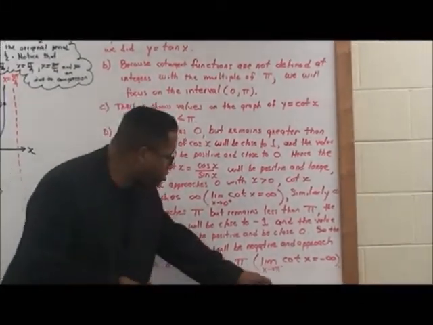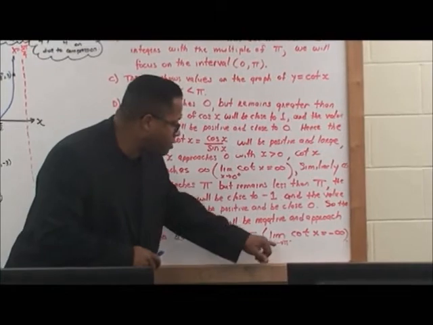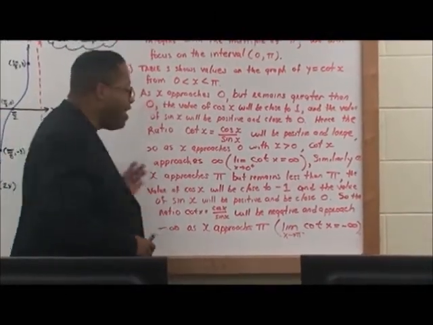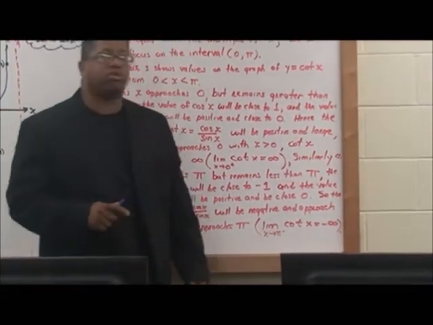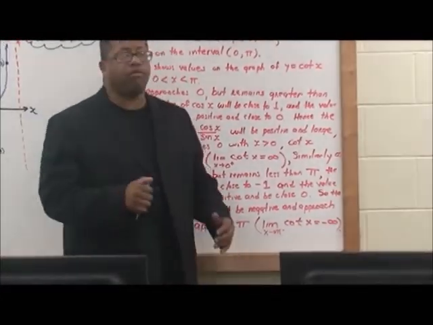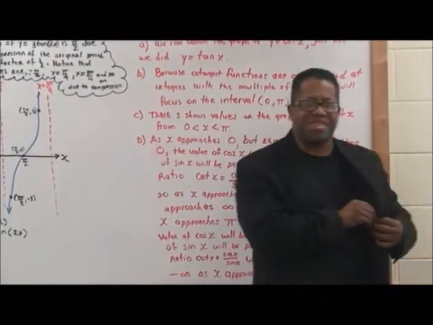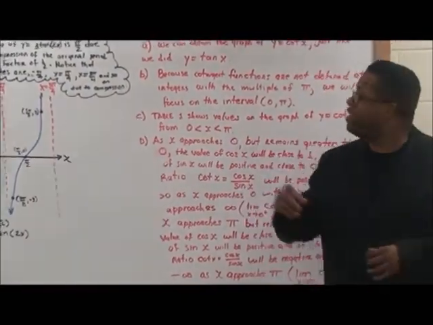So here's how this looks: the limit of cotangent x as x approaches pi from the left-hand side equals negative infinity. Now I want to show you some pictures of the cotangent function.